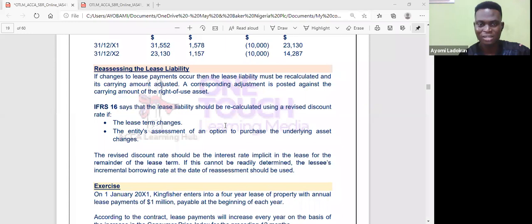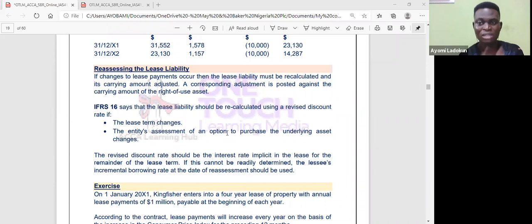So let's go to assessing lease liability. The issue here is if lease payment is dependent on consumer price index, we talked about variable payments that constitute lease payment. So that means if changes to lease payment occur, then lease liability has to be recalculated.